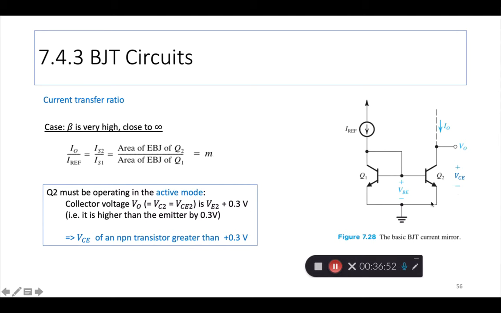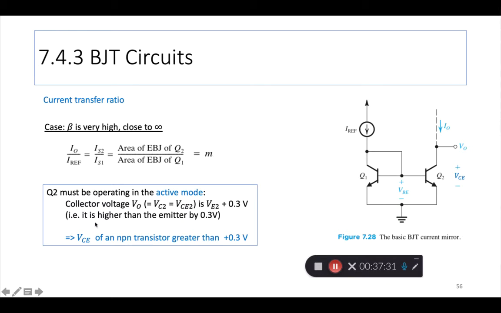Now emitter is already at 0 in this connection. So basically what you want is this VO should be plus 0.3, so the collector voltage is higher than the emitter by 0.3. And we also know this general condition from earlier, that VCE of an NPN transistor has to be greater than 0.3. So the minimum voltage condition for the NPN BJT to be in active mode is that this voltage at VO is above 0.3.